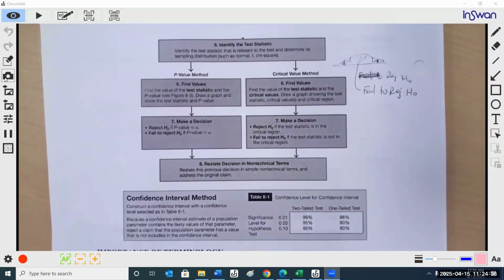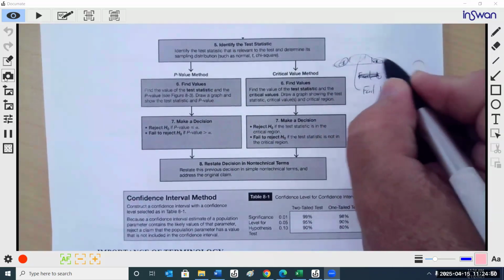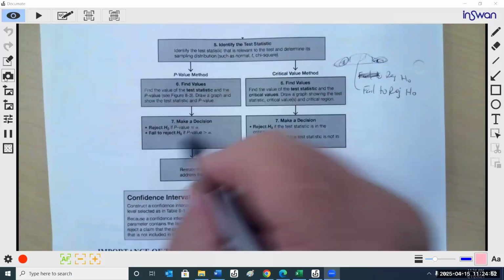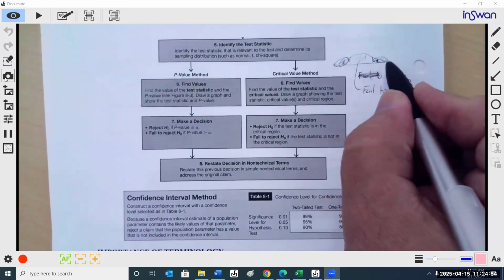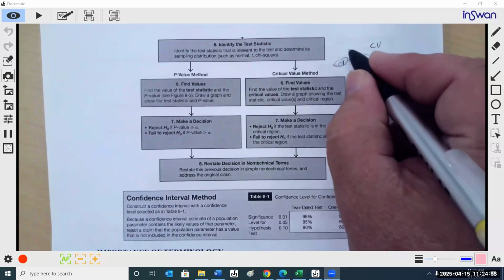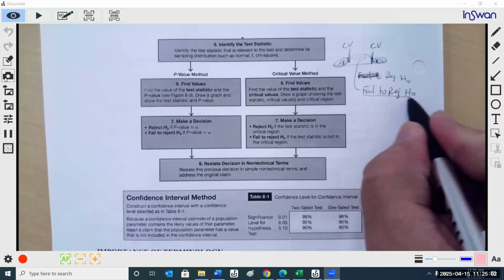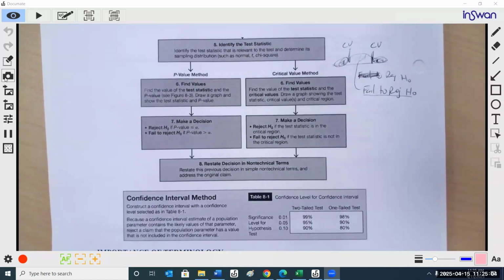Why is the null hypothesis so important? Because it's a statement that you're claiming about the population. So if it's inside one of these tails, if your answer that you calculate falls within these tails, in other words, if it's greater than this critical value or less than this critical value, then we reject the null hypothesis.